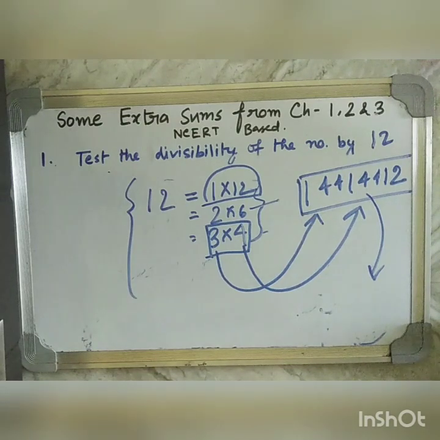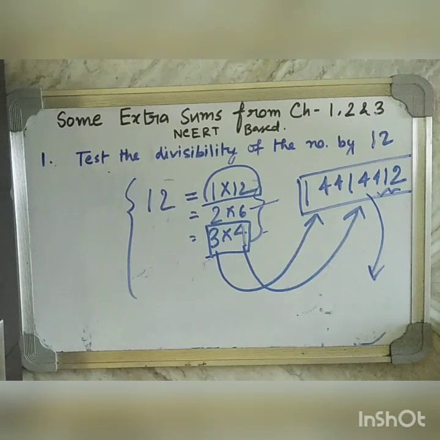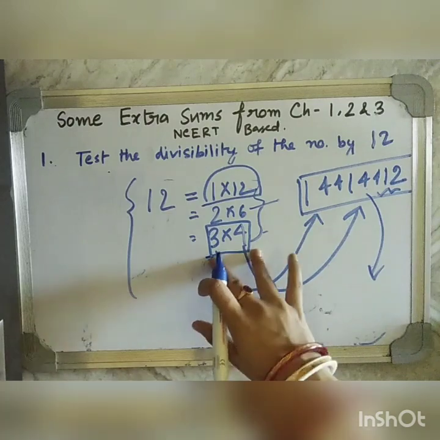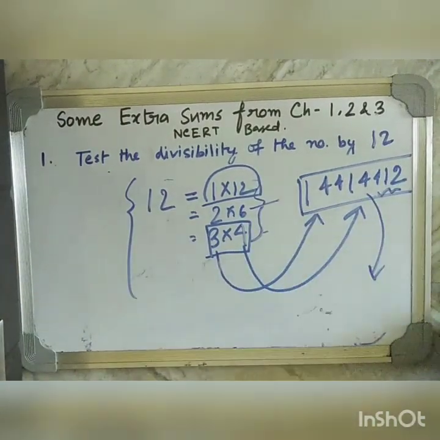And for checking the divisibility by 4, we have to check the last two digits of the given number and see whether these last two digits are divisible by 4 or not. If both of these numbers can divide the given number, then we can say that the whole number will be divisible by 12.